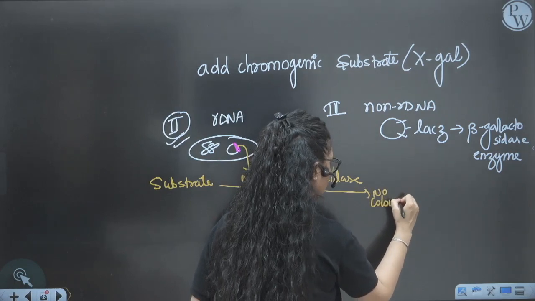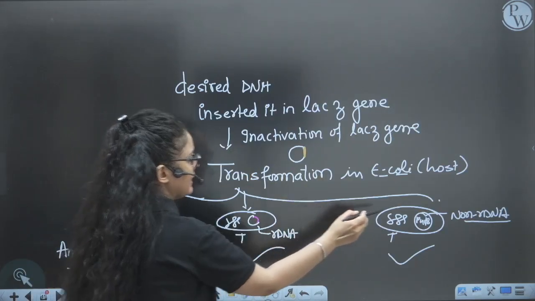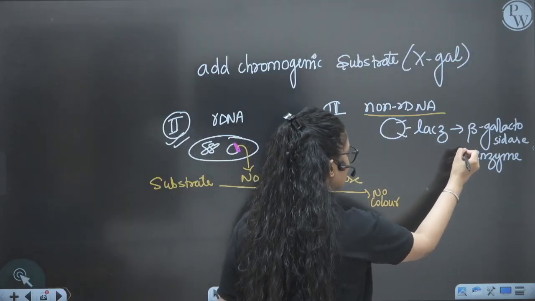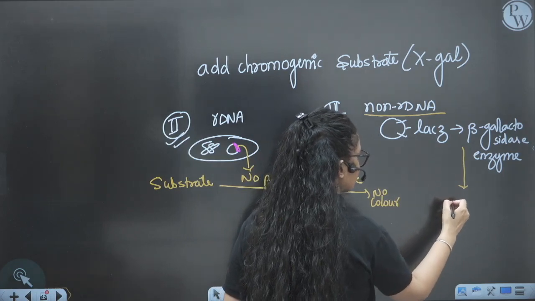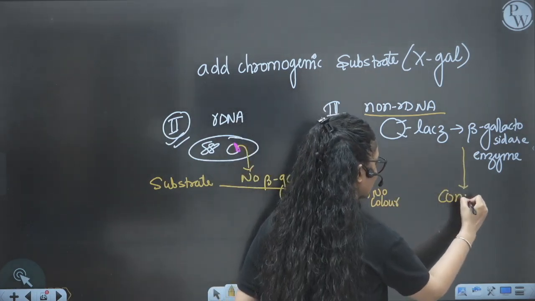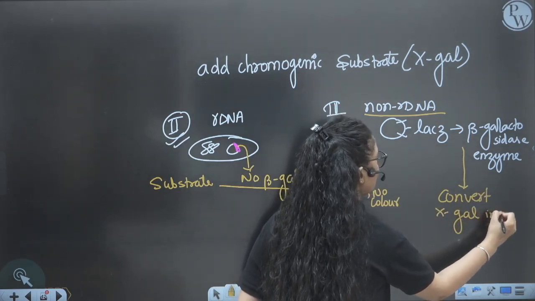No color at all. But in the third condition, we have the lacZ gene intact, so this enzyme will convert the X-gal chromogenic substrate into blue color.